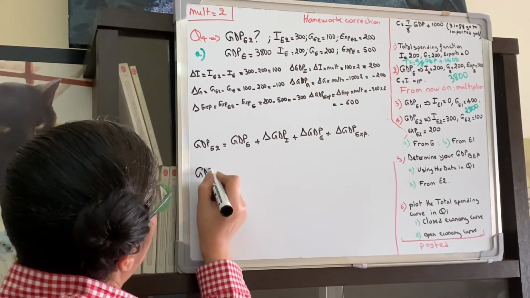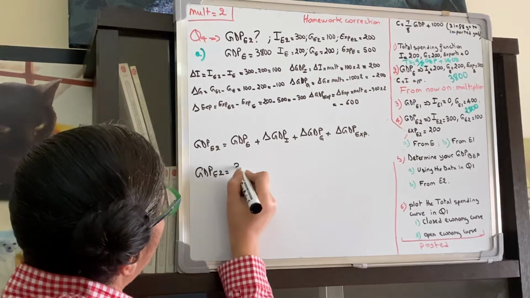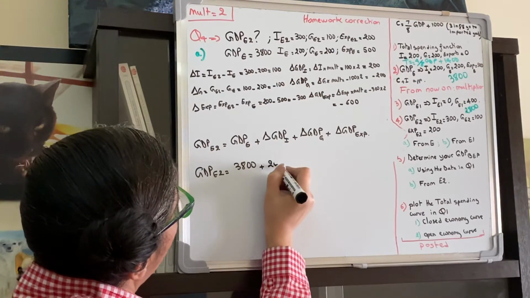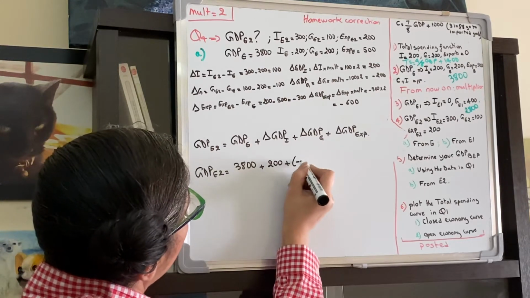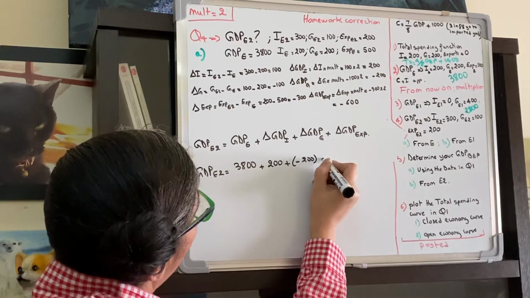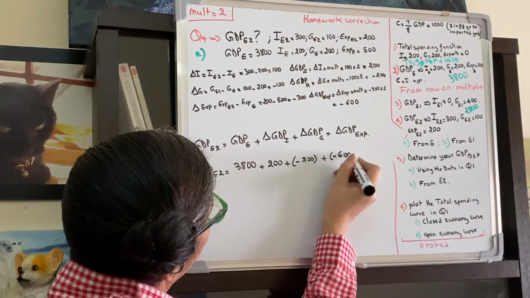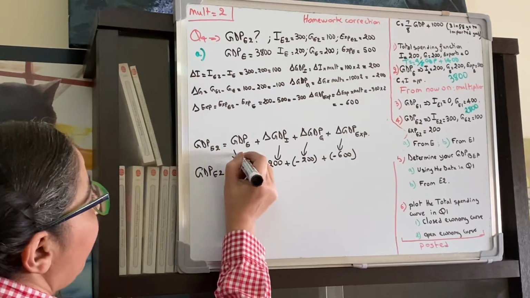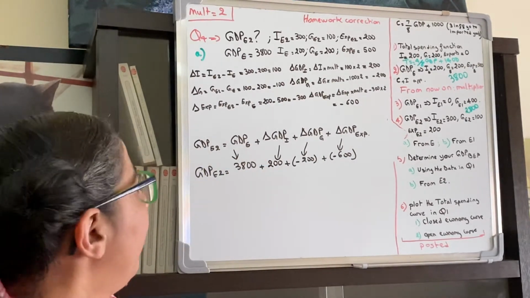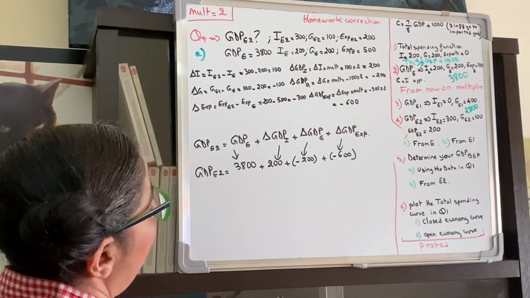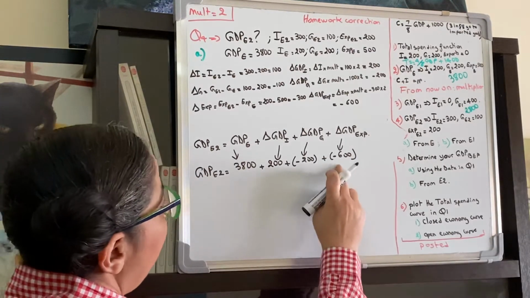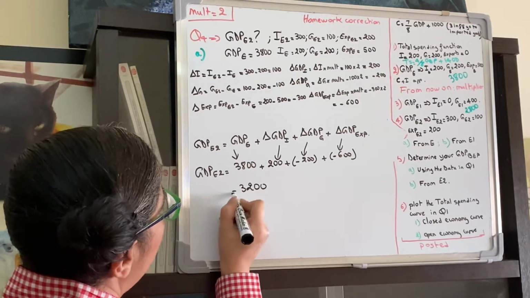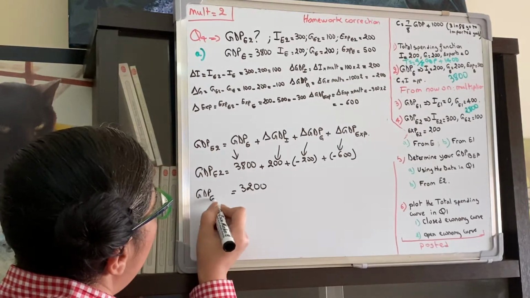So GDP at E2 is equal to 3,800 plus 200 plus negative 200 plus negative 600. This is the data I have. Okay, let's calculate it. So these two are going to give me 0. So it's going to be 3,800 minus 600. That would be 3,200. That is my GDP at E2.